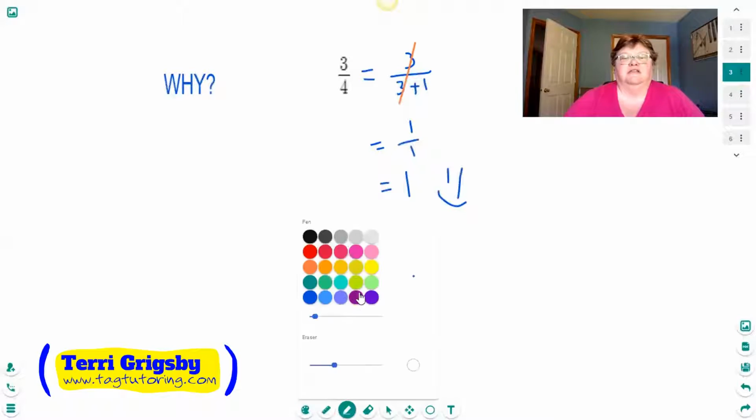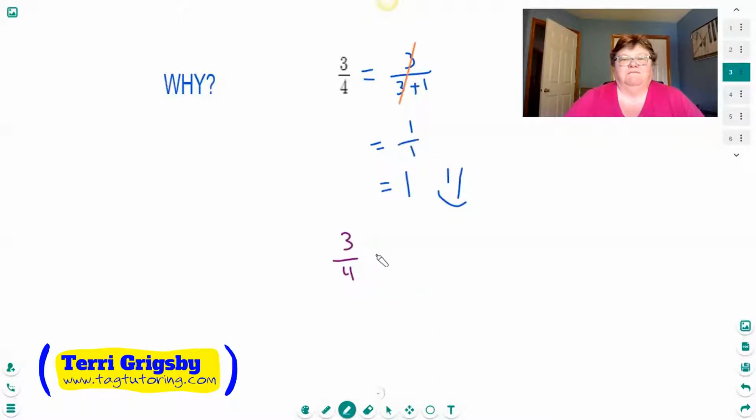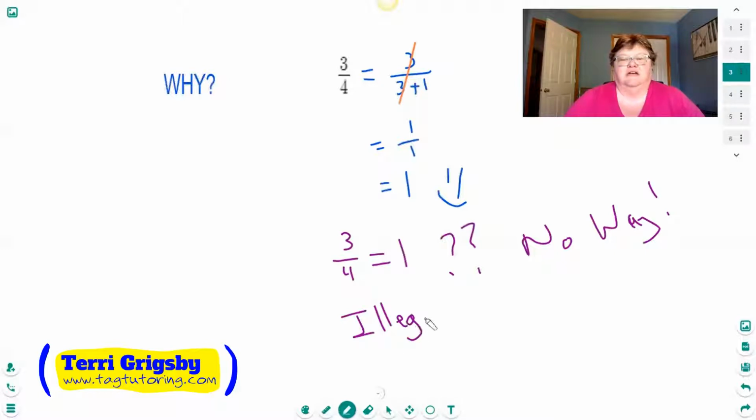Right until the point I think about, does 3/4 really equal 1? No way. This is completely illegal. You cannot cancel that way. You can't just take out one term around a plus sign. You have to be able to cancel the whole thing. So now I'm going to show you how to do this correctly.